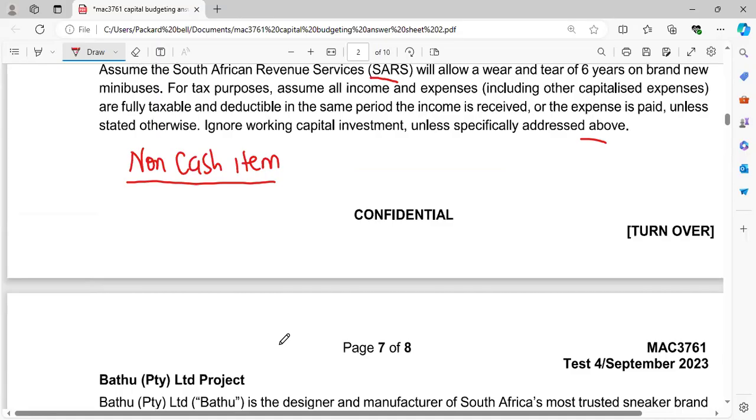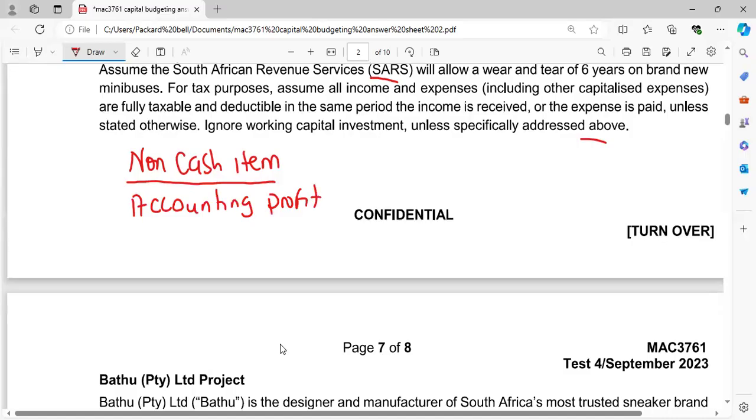If you can go back to your text, you remember there are those questions where we are provided with accounting profit. You see, these things, they are related.